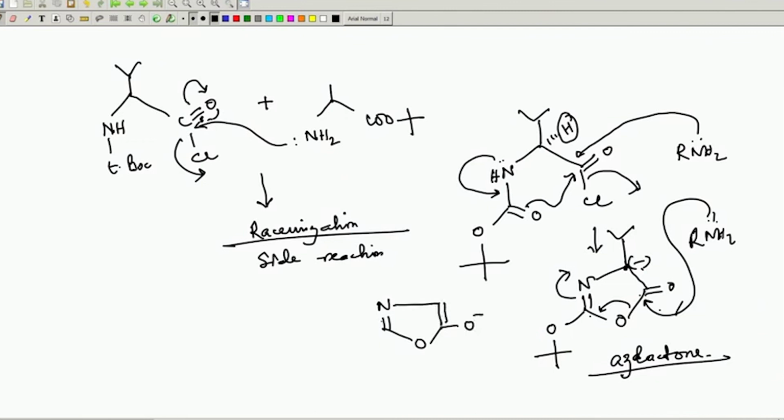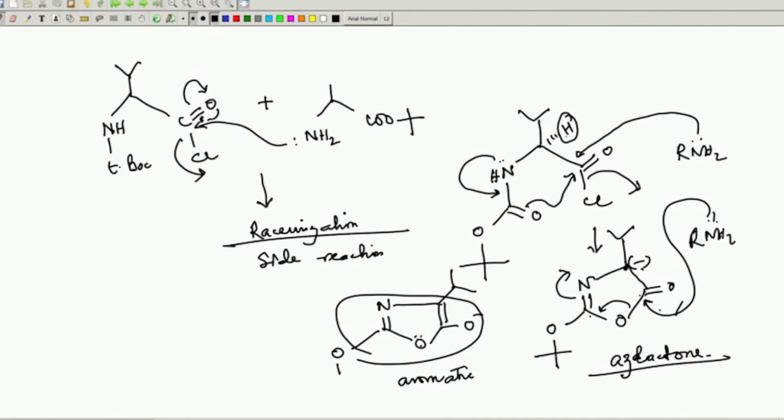And then you have the valine. Now, what is this? This is an aromatic system, right? The oxygen lone pair and the two double bonds make it aromatic. Okay. So, this hydrogen becomes extremely acidic, and by the time the RNH2 attacks this carbonyl, there will already be some racemization before the attack of the external nucleophile.